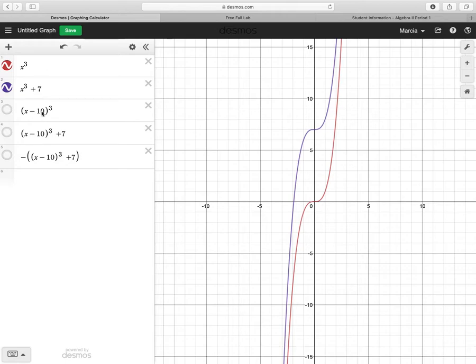Now let's look at what happens if we make a change in this equation by putting the number inside of the operation. So this is x minus 10, the whole quantity cubed. When we did this in class, what we learned was that by putting a number inside like this, it will move the function side to side along the x-axis.